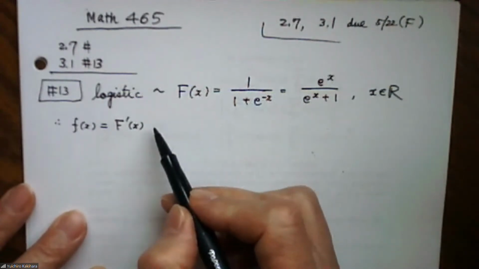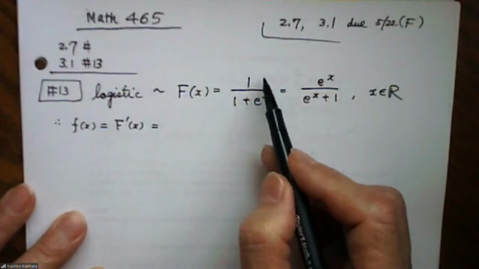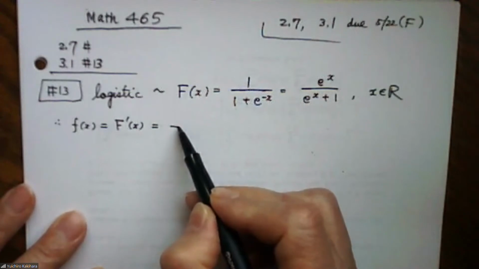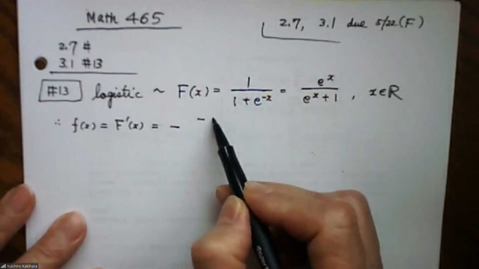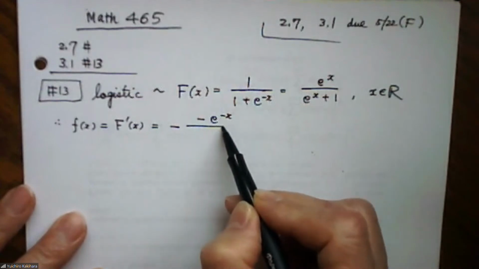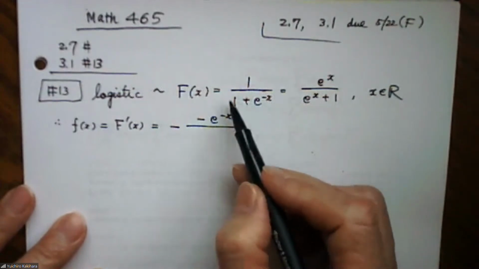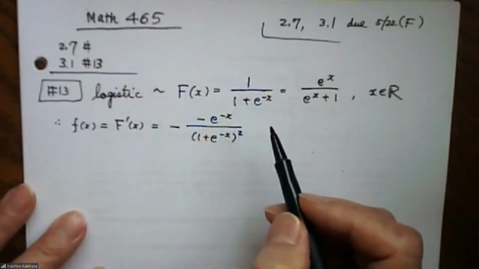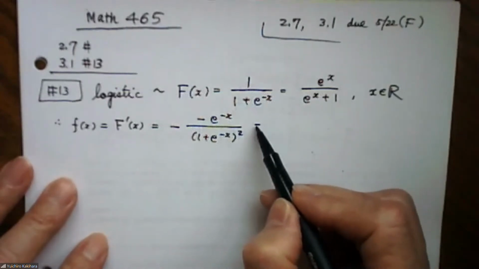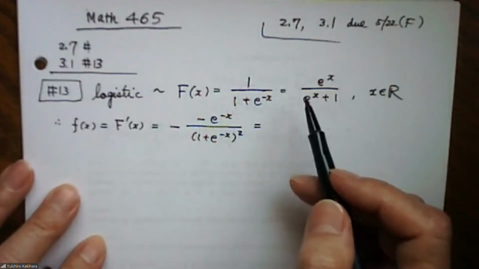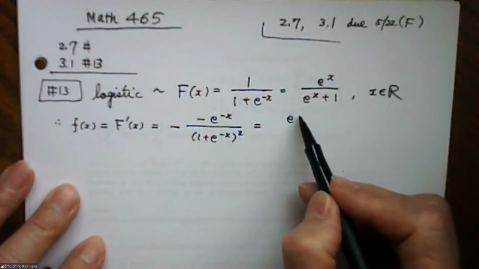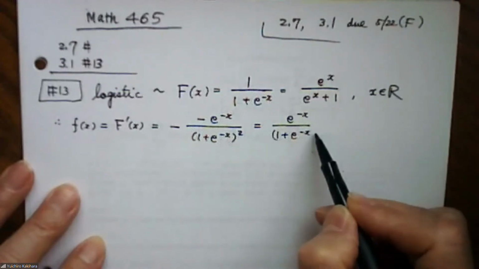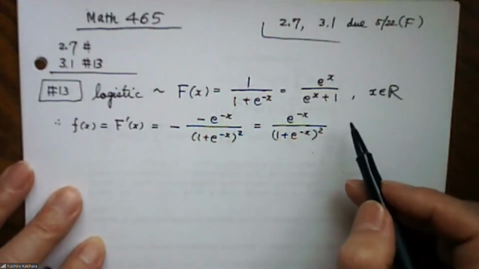The derivative of the numerator is negative e to the minus x, and then divided by the denominator squared, 1 plus e to the minus x squared. So simply this is e to the negative x over 1 plus e to the minus x squared. This is the probability density function.